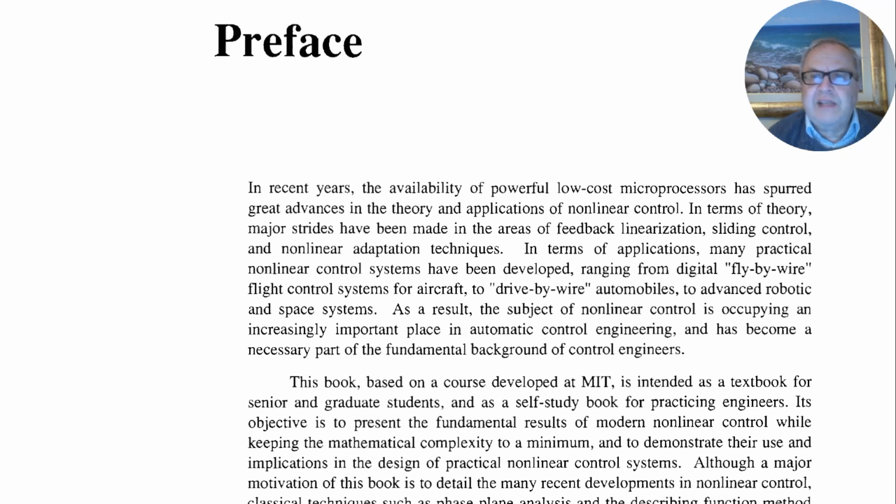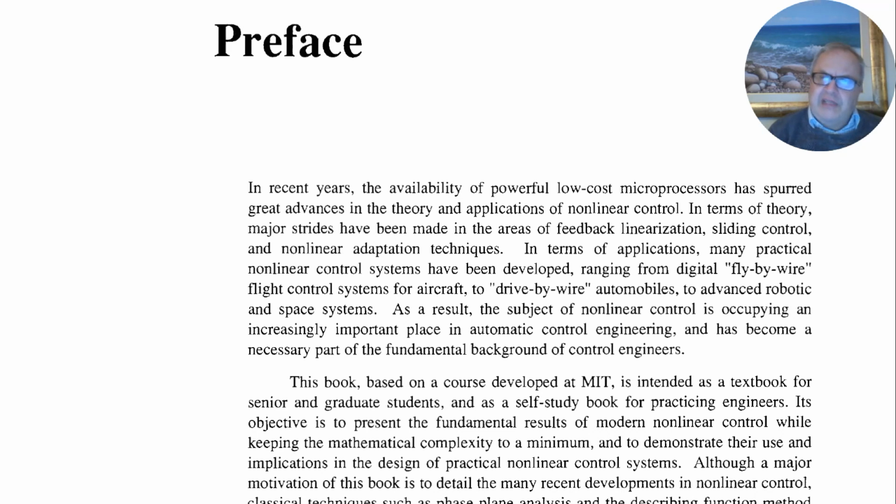What does it mean that a system is nonlinear? A system is nonlinear if we don't have the concept of linearity. What does linearity mean? Linearity means that if you have input A, for input A you have output B. In a linear system, if you multiply the input A by 3, the output B must also be multiplied by 3.